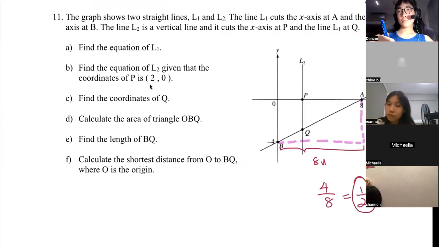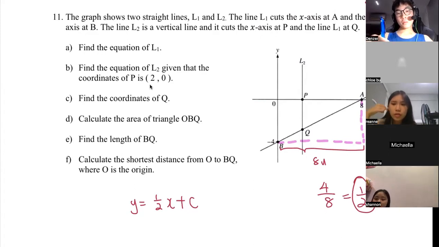Okay. So y equals to mx plus c. Oh no, I don't have my c, do we? Do we have the y-intercept or not? Rian, what's my y-intercept? Can see on the graph or not?